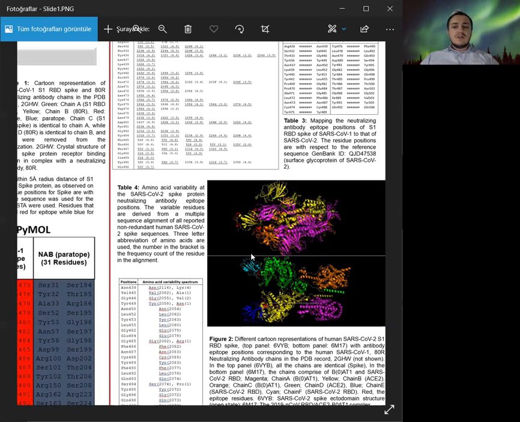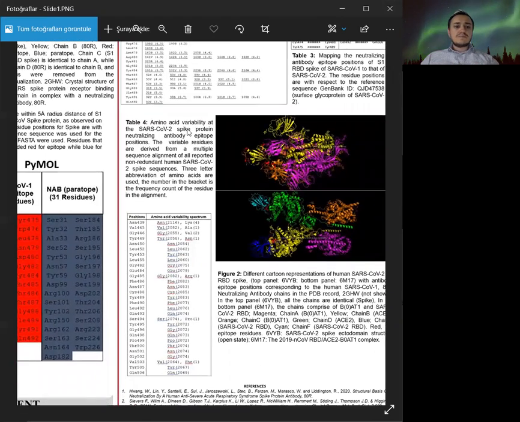The results are shown in table 4. Only 7 of the epitope positions showed variability. However, these sites were restricted to a negligible fraction of the viral variant sequences, and the minimal variability of the neutralizing antibody interacting residues is in agreement with reports of high efficacy of vaccines that target the spike protein.